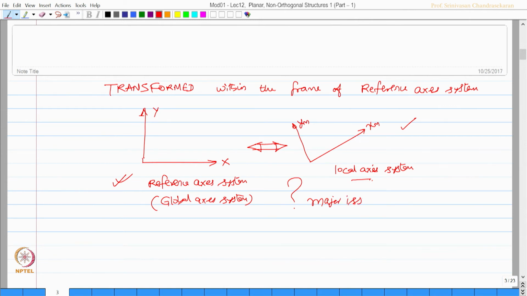We need to do this transformation not only one way, but it is vice versa. From local to reference axis we may have to do, sometimes from reference to local axis also we may have to do, because it is required for the design of the members. Okay, both ways we should have an idea how this can be done.